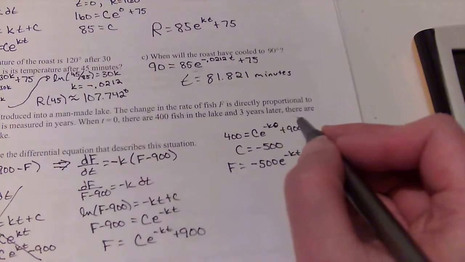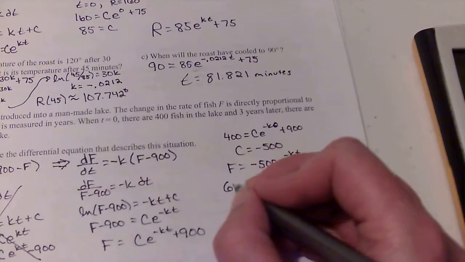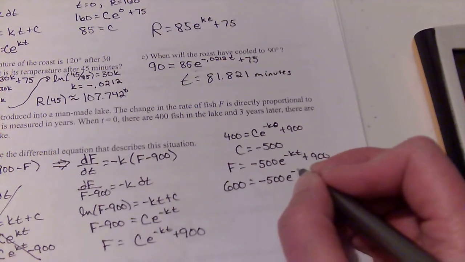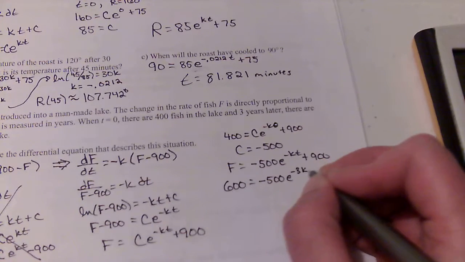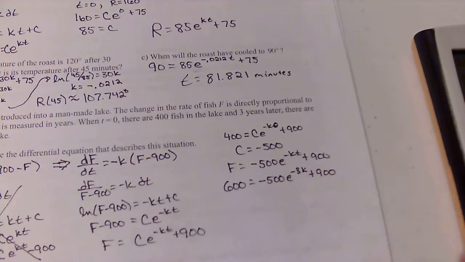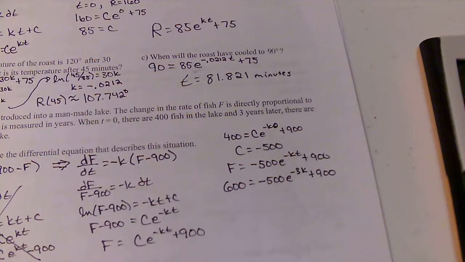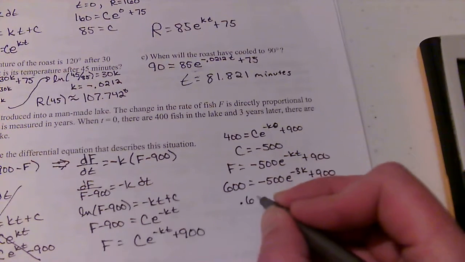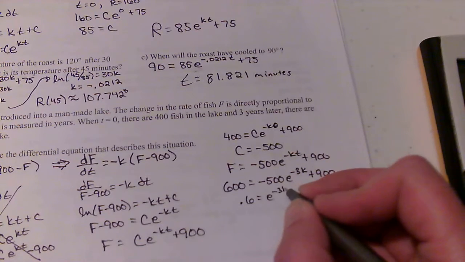3 years later, there are 600 fish. Three years later. So I can solve for k. So 600 minus 900, divided by negative 500, is going to give me 0.6 equals e to the negative 3k.